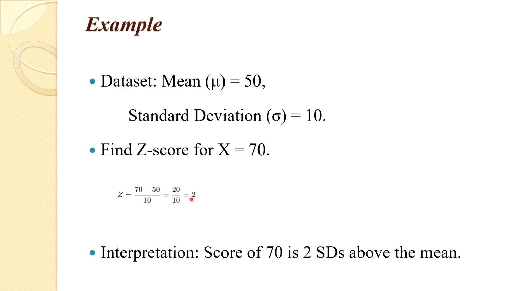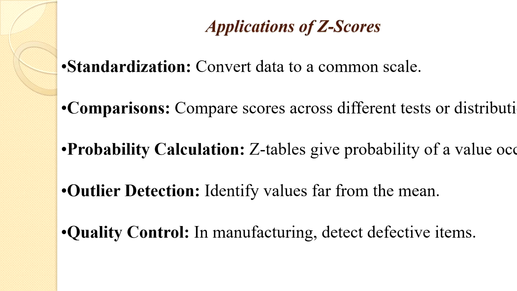Already we saw the interpretation. If Z is equal to 2, then the value is 2 standard deviations above the mean. So the interpretation is: the score of 70 has a Z-score of 2, which is 2 standard deviations above the mean.